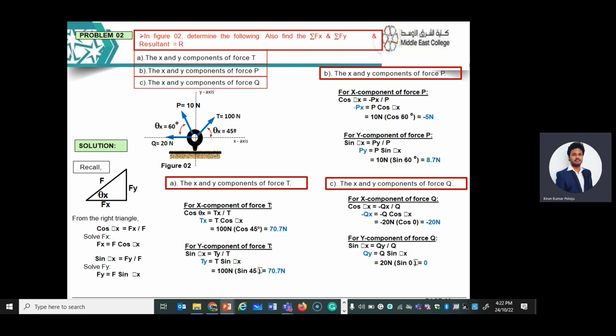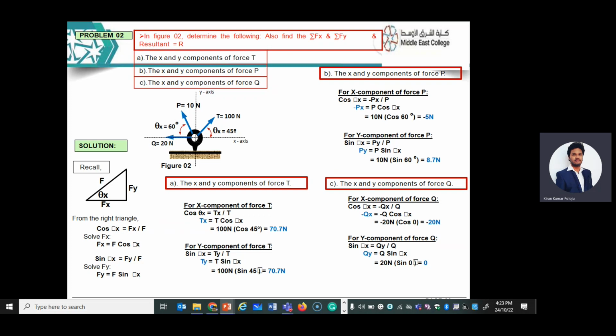Next, for which force? P. For P, Px is equal to P cos theta. What is the magnitude? What is the angle? Similarly for P in the Y component, Y direction, P sin theta. Is it clear?